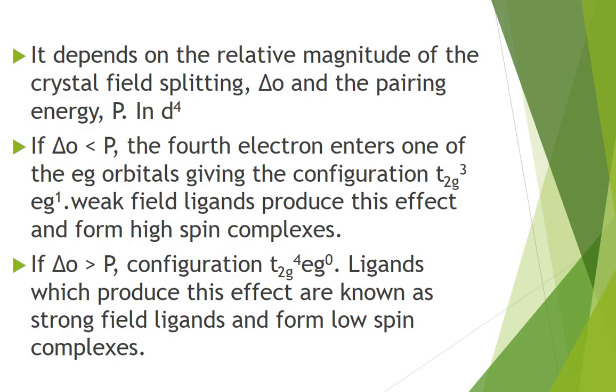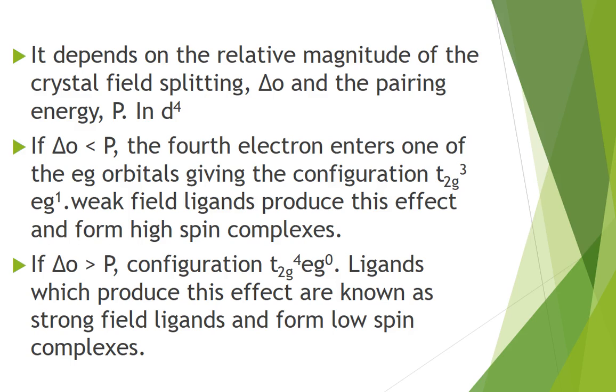This arrangement of electrons depends upon the relative magnitude of crystal field splitting and pairing energy. Pairing energy is the energy required to pair up the electrons. So let us again take the example of d4.